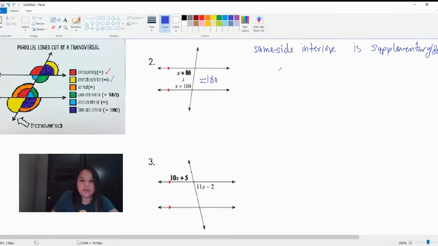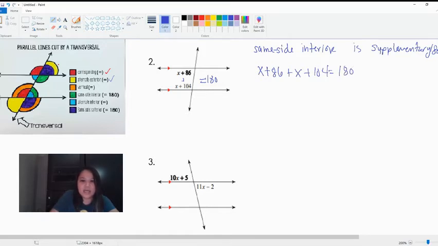So now that we know the relationship, we know it's supplementary, we can set up our equation. So I'm going to take x plus 86, add x plus 104, and set that equal to 180 degrees, and we're going to solve for that.